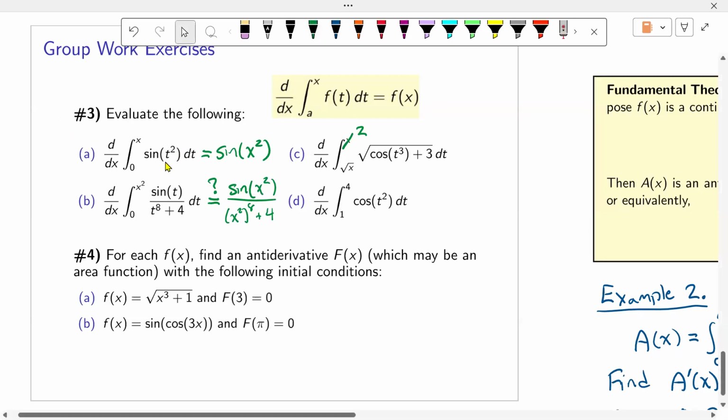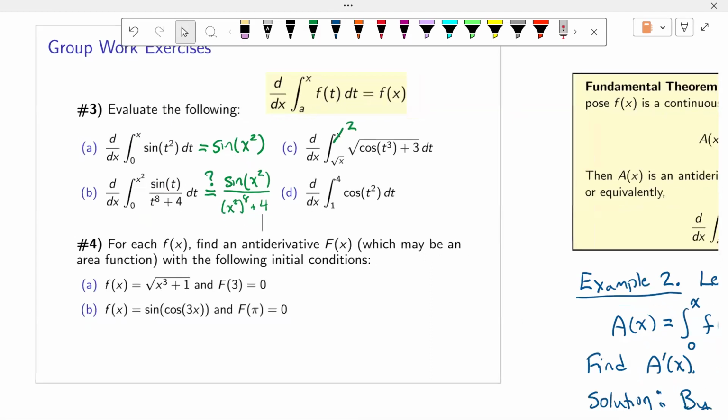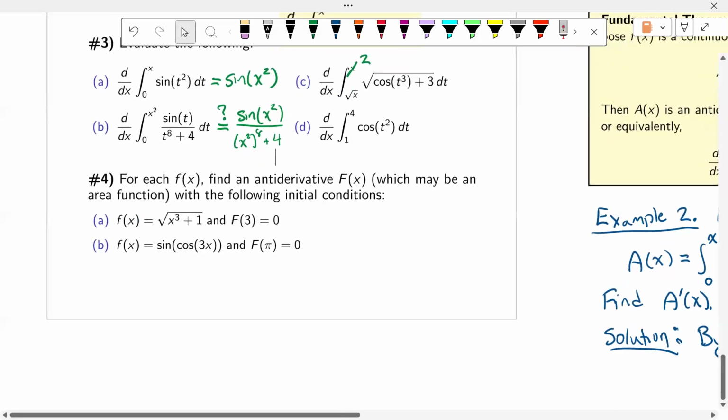Here you let t equal x. Well, maybe you let t equal x squared there. That seems plausible. That turns out to be wrong. But it seems plausible. So let's go over how you actually do this type of fundamental theorem of calculus problem.